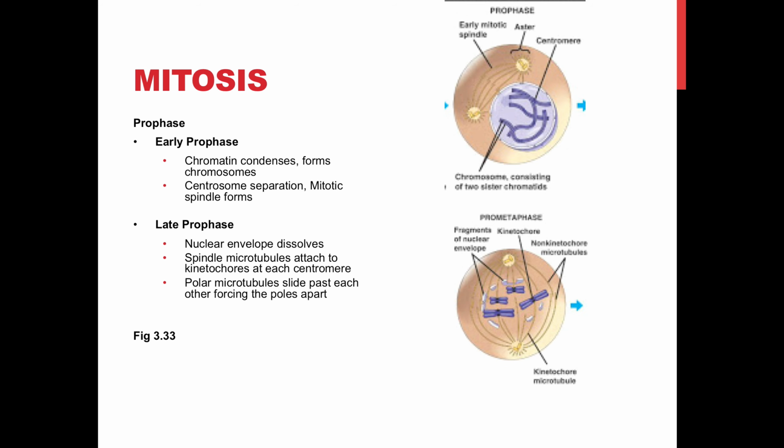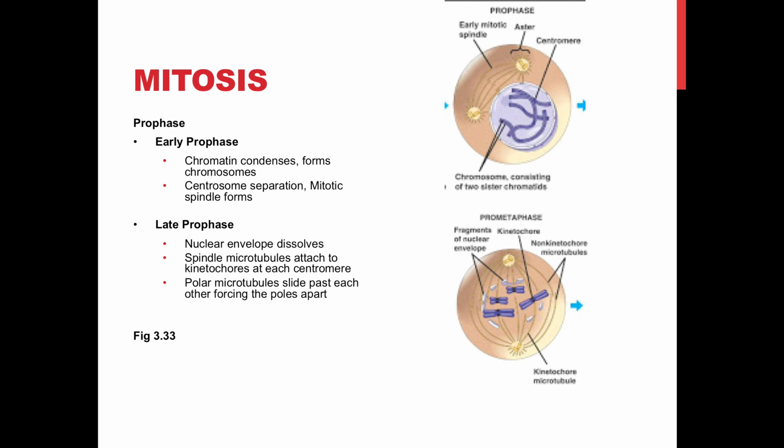So the mitotic spindle is pushing the cell apart, and these kinetochore microtubules are attached to either side of the chromosome. As the cell expands outwards, these chromosomes are being pulled apart. That's what's important here. Look at these pictures and read through the book if that doesn't make sense, or email me and ask me some questions, because that's important.